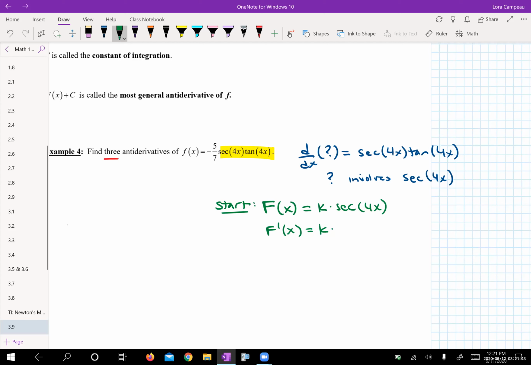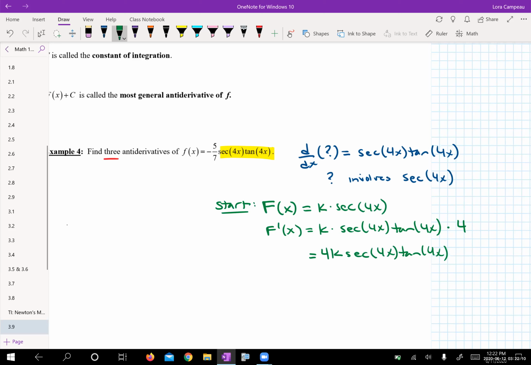If I take the derivative of secant of 4x, I should get secant of 4x times tangent of 4x. But I have to remember I have to multiply by the derivative of the inside. So we're using the chain rule. So there's a times 4 at the end. We're going to clean this up a little bit. I'll put the 4 in front. So I have 4k secant 4x, tangent 4x.